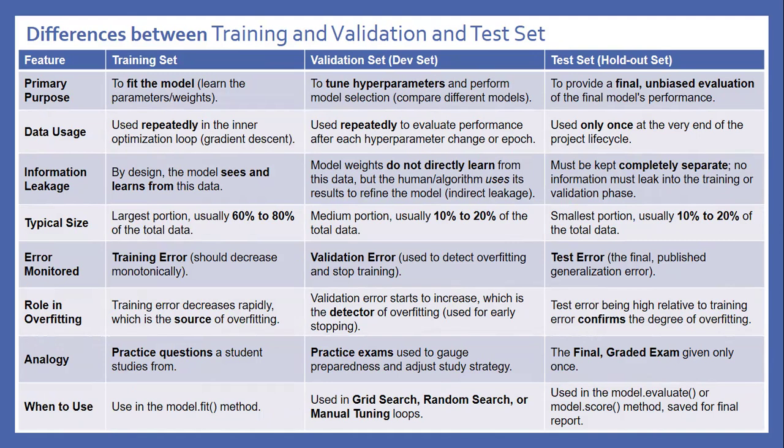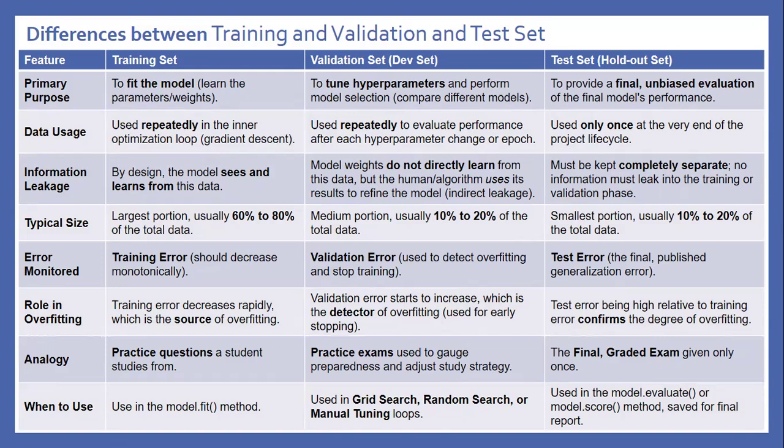Data usage: the training set is used repeatedly in the inner optimization loop, gradient descent. The validation set is used repeatedly to evaluate performance after each hyperparameter change or epoch. The test set is used only once, at the very end of the project lifecycle. Information leakage: in the training set, by design the model sees and learns from this data.